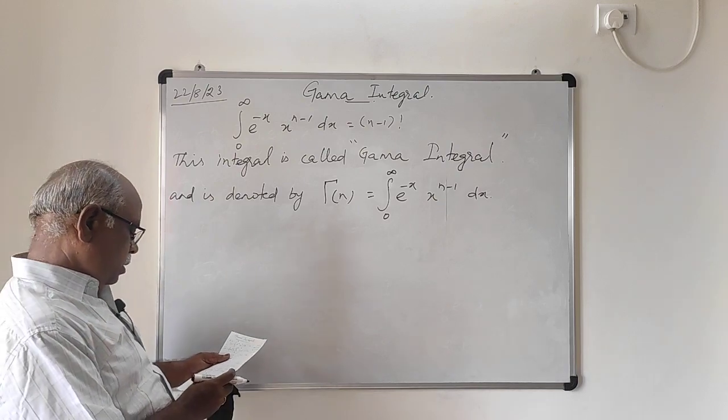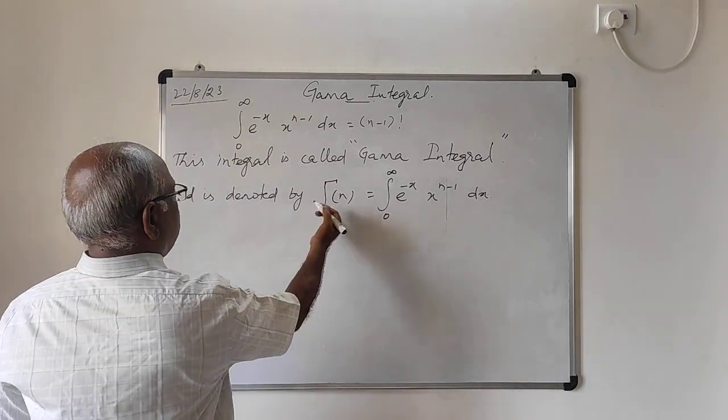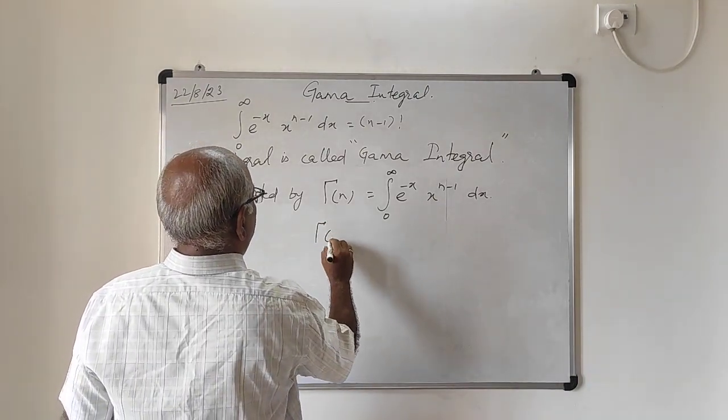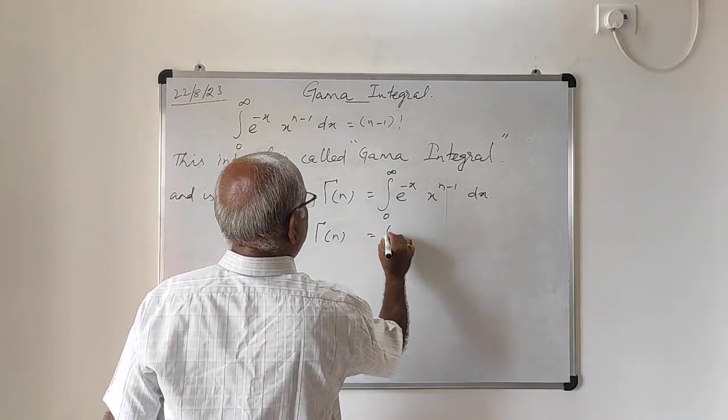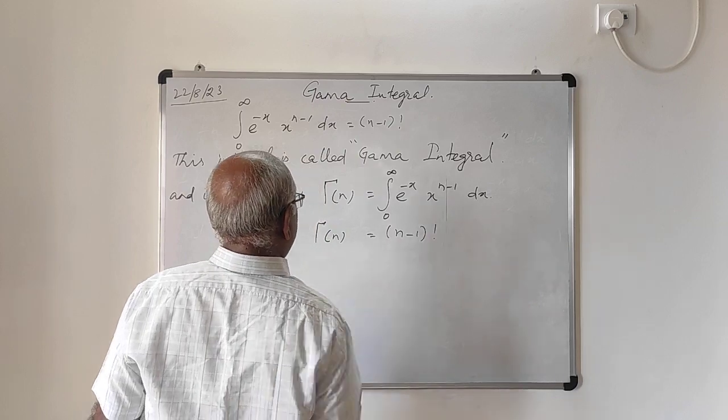This gamma n is nothing but n minus 1 factorial.